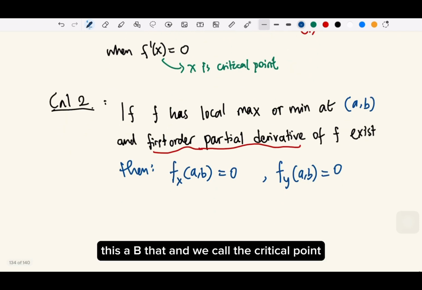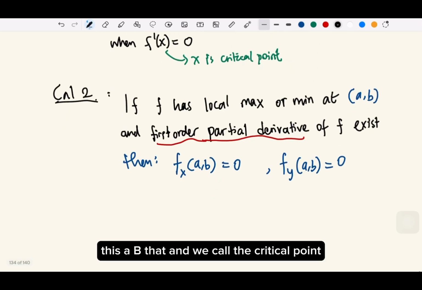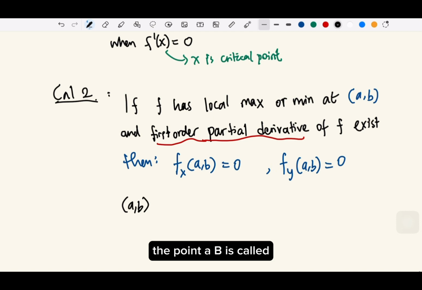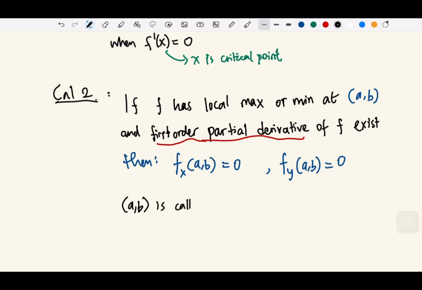This (a, b) then we call the critical point. Okay. The point (a, b) is called a critical point.